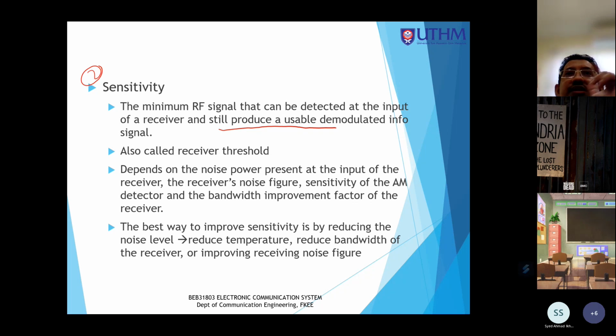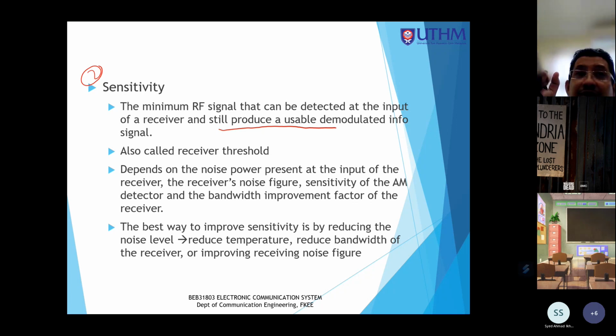Okay, you tahu sensitif kan? So sensitif ni maksudnya kalau orang sensitif dia cepat marah, contoh ataupun dia cepat nangis. Itu kalau emotions, sensitivity regarding the emotions. Tetapi dalam kes ini sensitivity ni dia merujuk kepada berapa kecil frekuensi ataupun berapa kecil amplitude yang boleh diterima oleh receiver.